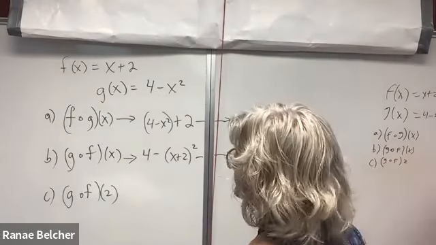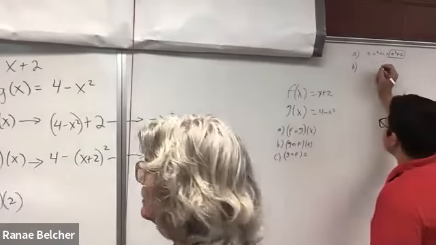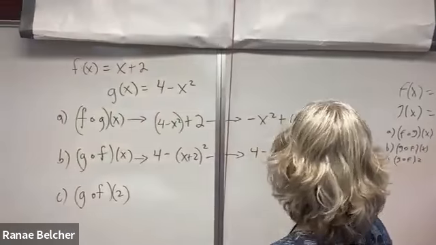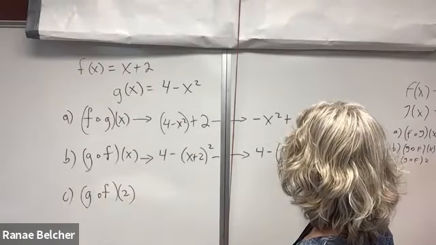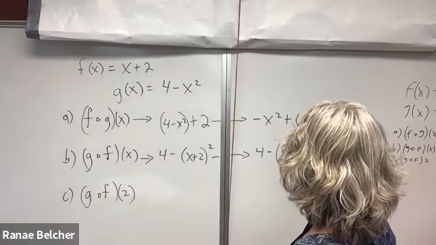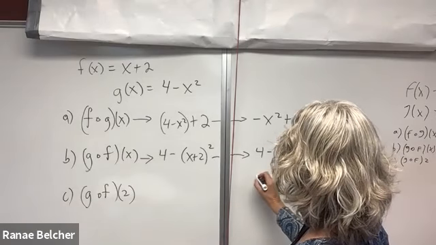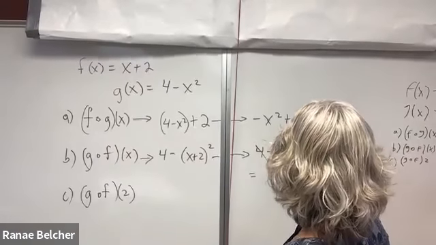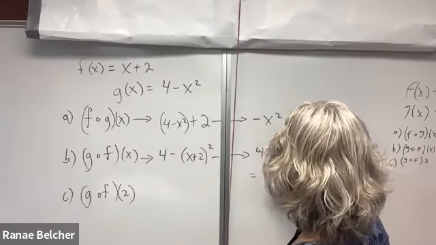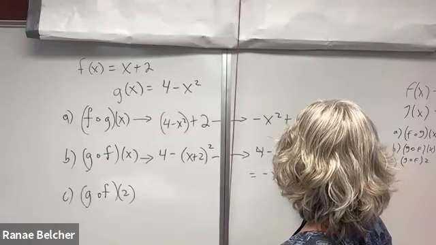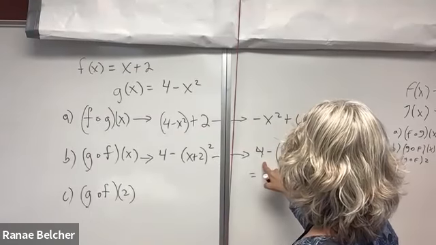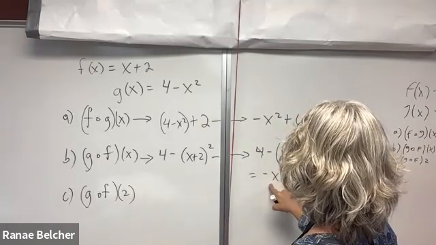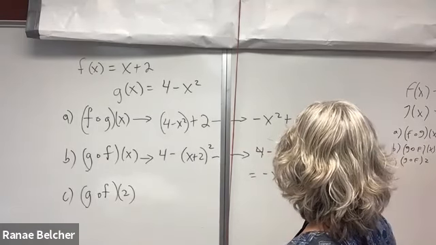If you have x plus 2 in parentheses like you should FOIL. Let's see, I'm gonna get rid of that. No, I'm not gonna do that. I'm gonna make 8. 4. No, 4 minus 4 is 0.